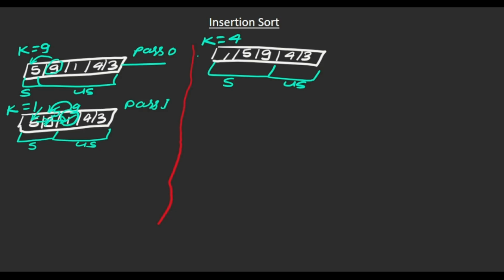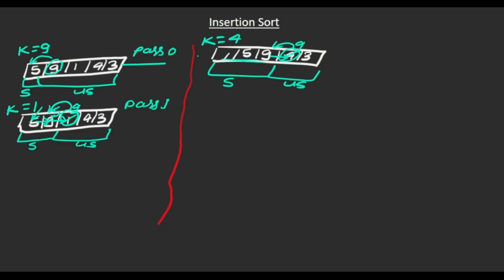So we'll find the place of 4 in the sorted array, right? So we'll compare 4 with 9. Since key is less than 9, what we'll do is the shifting. So this becomes 9. Again, we'll compare our key with 5.